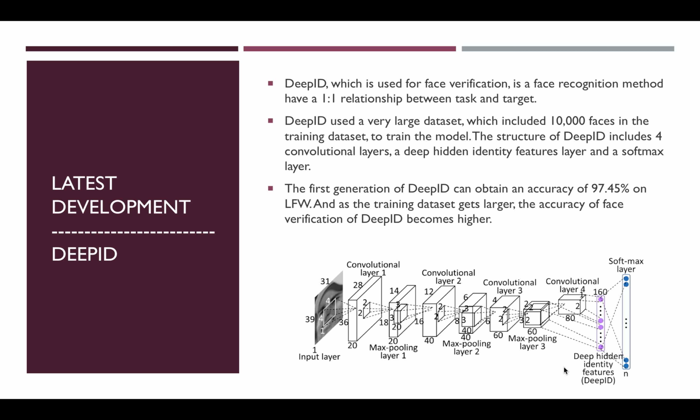And the structure of DeepID is as in the figure. It has 4 convolutional layers, a deep hidden identity feature layer, and a softmax layer. This first generation of DeepID can already reach an accuracy of 97.45% on the Labeled Faces in the Wild dataset.